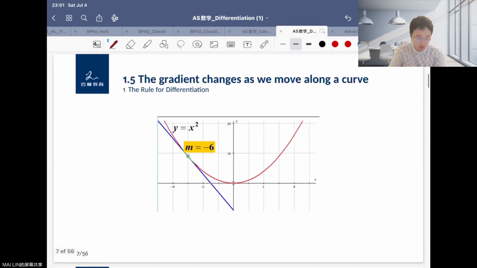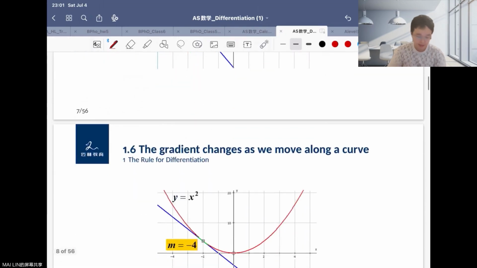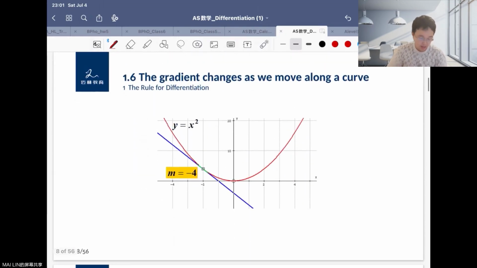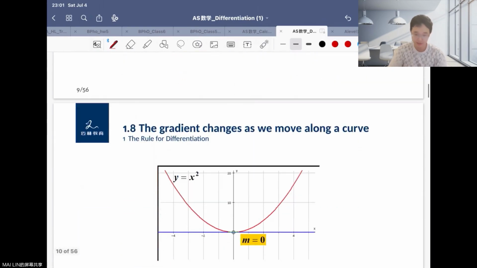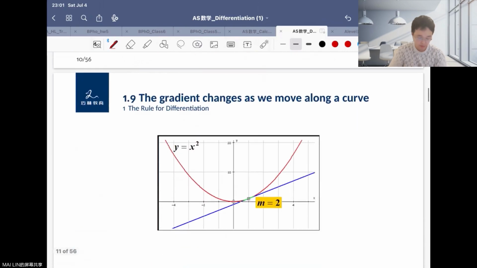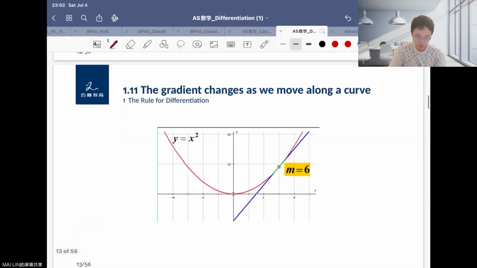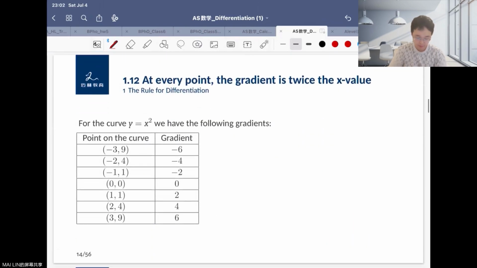You can also try to draw several points. When x equals negative 3, the gradient is negative 6. When x equals negative 2, the gradient is negative 4.